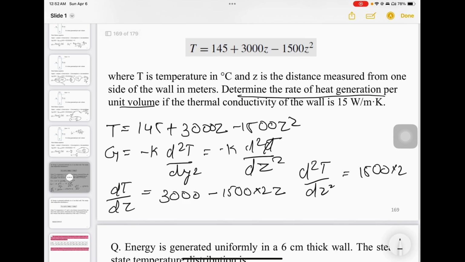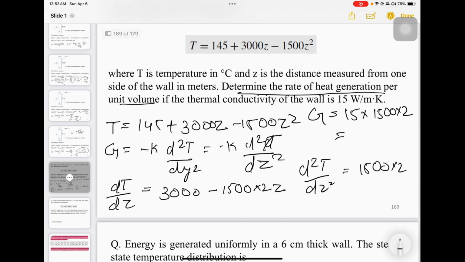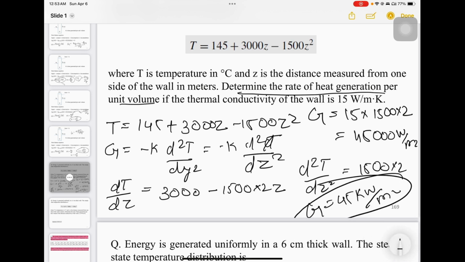Now, putting this into our formula, G will be equal to 15 into 1500 into 2, which comes out to be 45,000 watt per meter cube, which is 45 kilowatt per meter cube, which is our final answer.